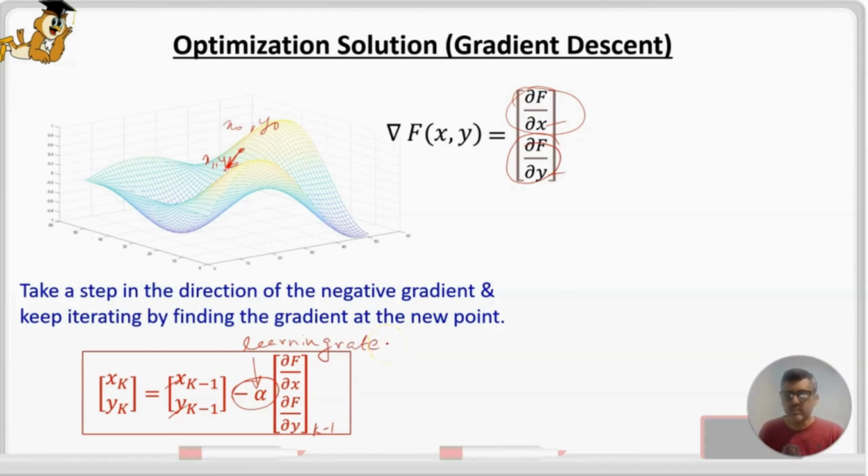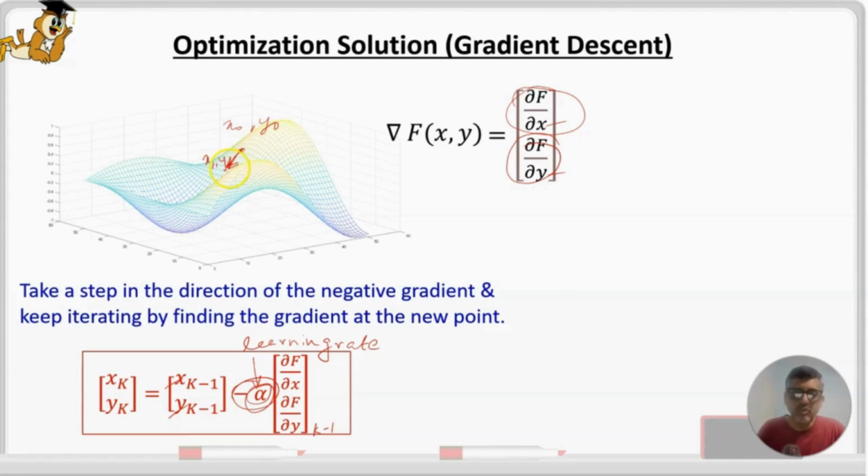These are just terminologies, but the learning rate is a parameter that you have in your hand, which you may need to experiment with various values of, but it is most likely to be a small positive number. Whether it is 0.01 or 0.05 or 0.2 is up to you. You may have to experiment to find the best value of alpha, but it's a small positive number called the step size or the learning rate.